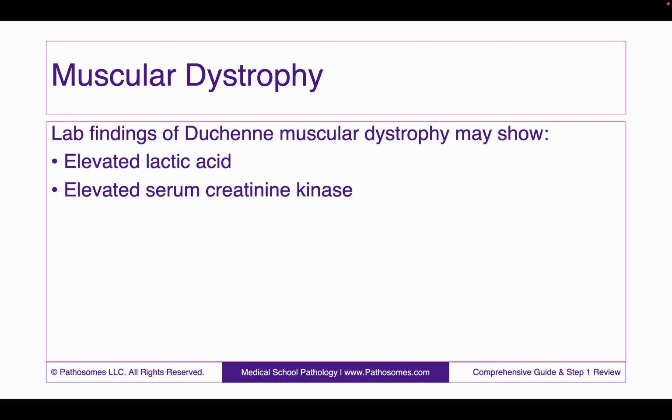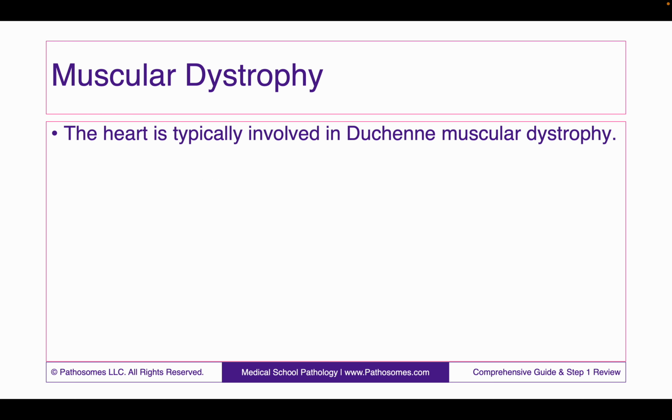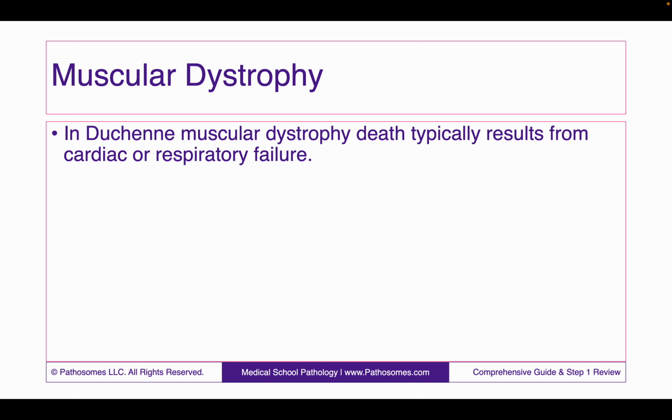Lab findings of Duchenne muscular dystrophy may show elevated lactic acid and elevated serum creatine kinase. The heart is typically involved in Duchenne muscular dystrophy. And in Duchenne muscular dystrophy, death typically results from cardiac or respiratory failure.